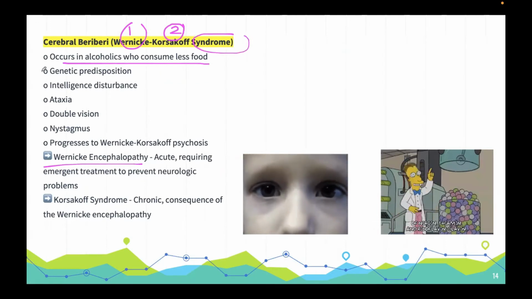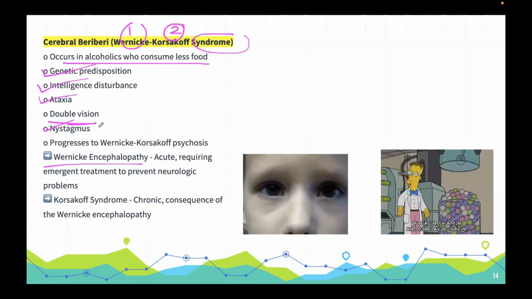What else? It shows genetic predisposition, intelligence disturbance, ataxia. Minsan yung mga double vision natin, yung mga tinatawag din natin na nystagmus. Kasi nga po, yung ating mga impulses or your nerve impulses are mainly affected.